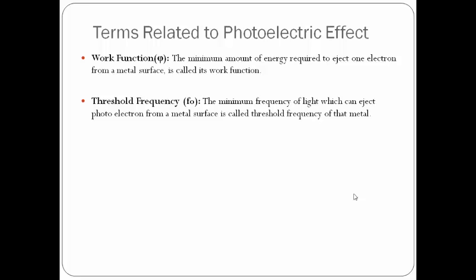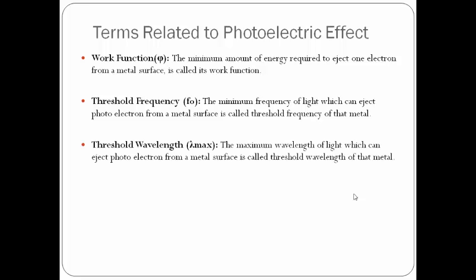That means below that frequency you will not see the photoelectric effect. Now we know that wavelength and frequency are inversely proportional. So if you go on increasing the wavelength, that means you are decreasing the frequency, and again you will not get the photoelectric effect. So the maximum wavelength of light which can eject a photoelectron is called the threshold wavelength of that metal.